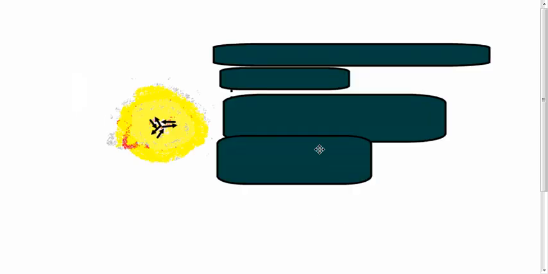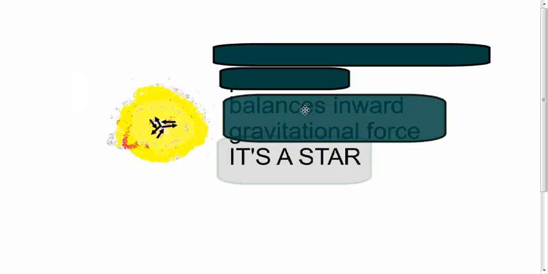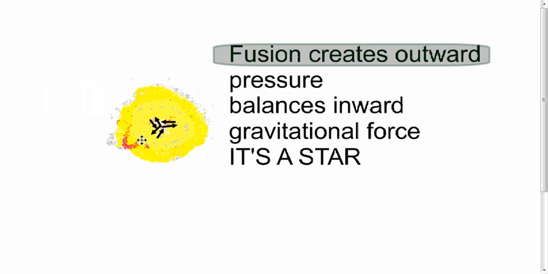Now, the reason this became a star was because of its ability to sustain fusion. There are other parts of the cloud that amass particles but don't get hot enough to sustain fusion. Jupiter is kind of a good example of that.